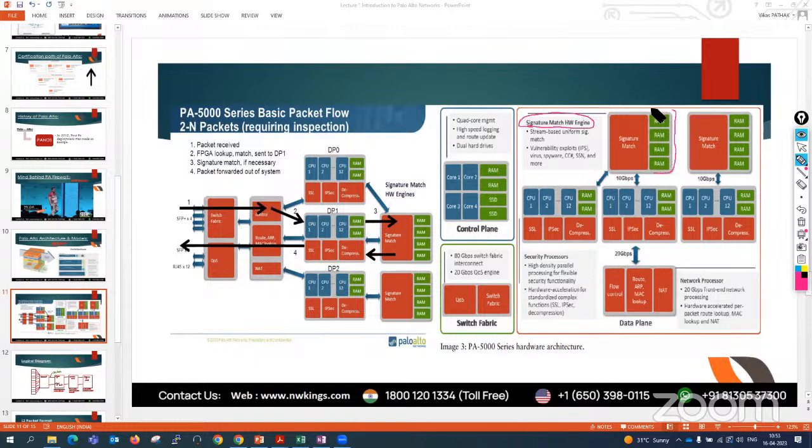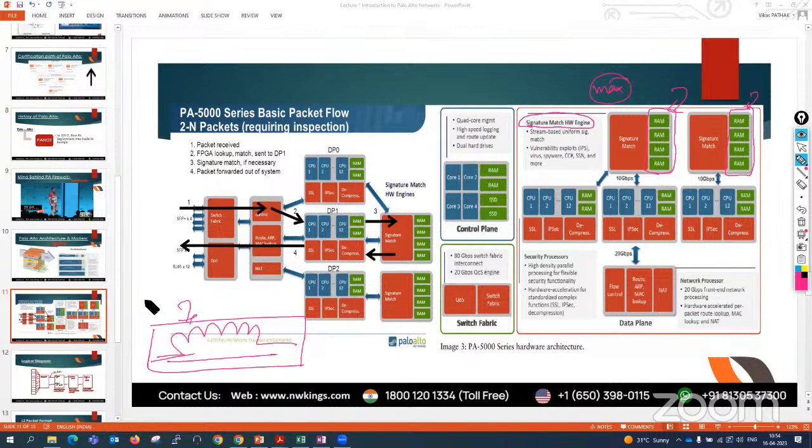Now, can you see the RAM there? Can you see how many RAMs there are? For representation it is 4, but there will be the maximum RAMs available in this signature matching. Why? Remember this diagram I have told you. This is signature match. This is the content actually. Here my packet will remain for a longer period of time, right?